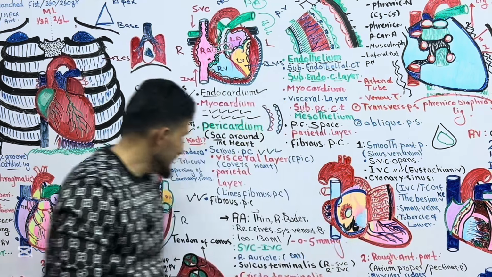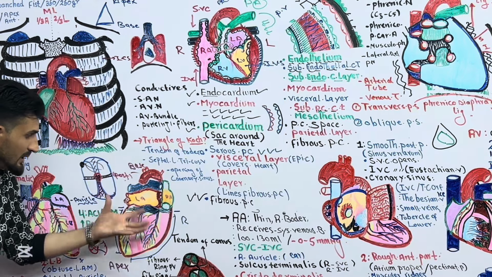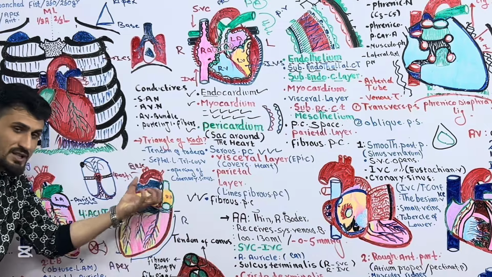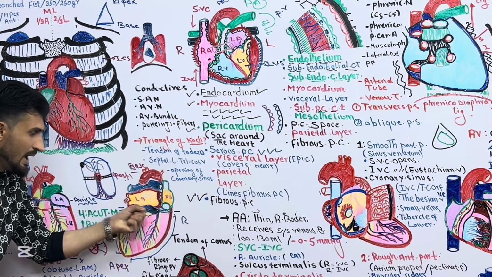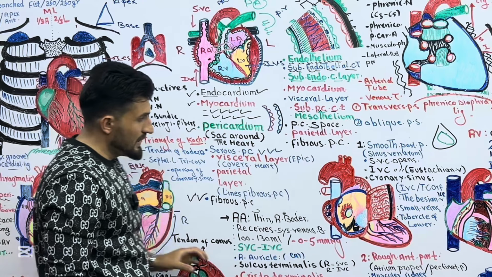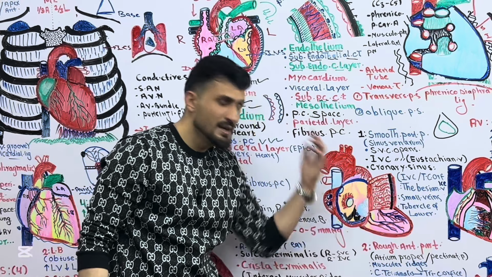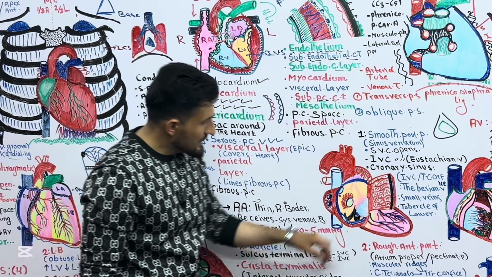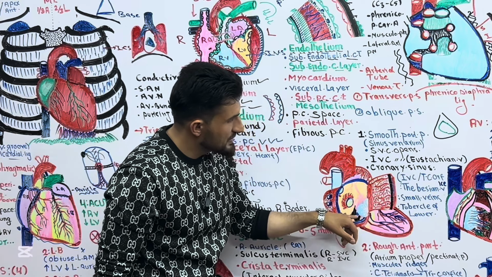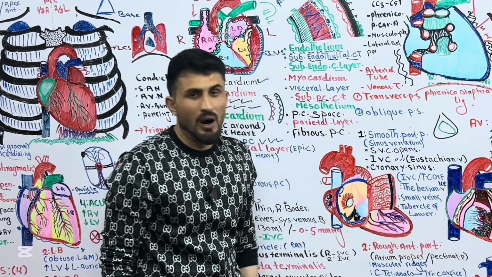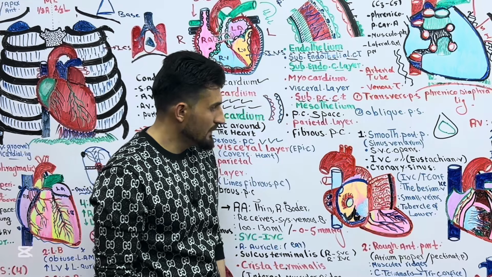The coronary sinus is a great vessel that collects deoxygenated blood of the heart, and it drains directly into the right atrium through this foramen. It has a valve called the Thebesian valve.